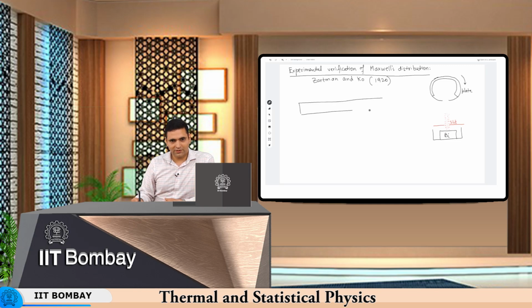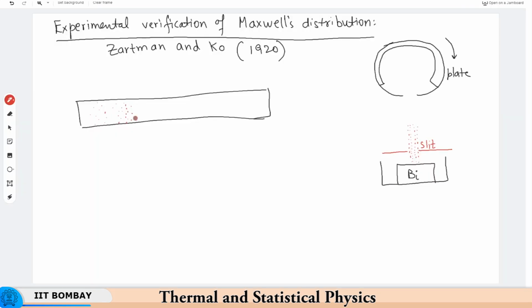They remove this plate and what they observe, maybe I can use red color, is that there are very few atoms which arrived very, very late, because these are bismuth atoms which got deposited, and then there were fewer and fewer atoms.